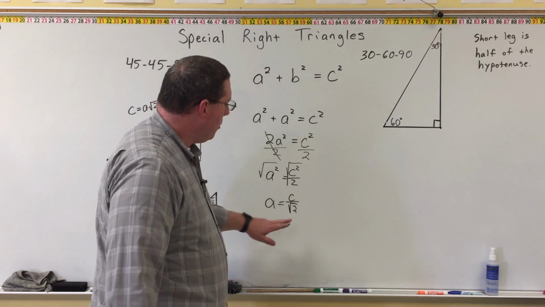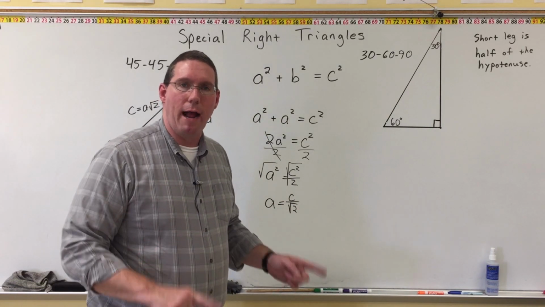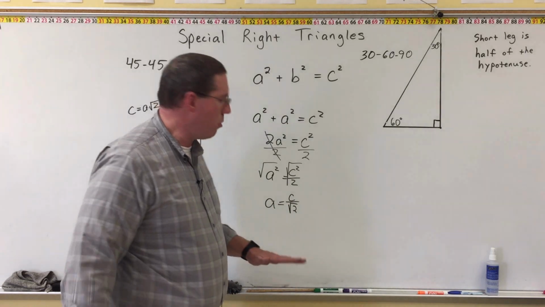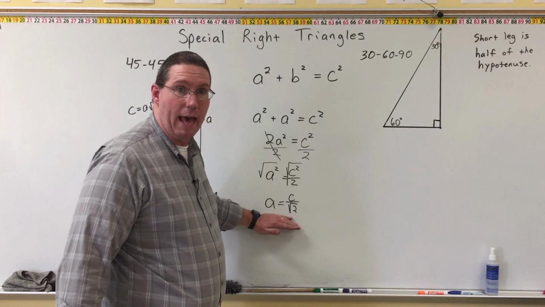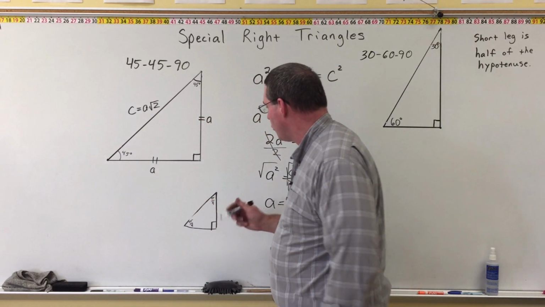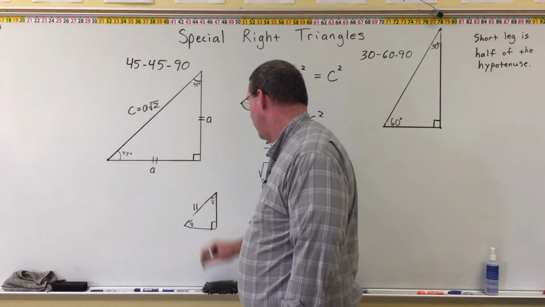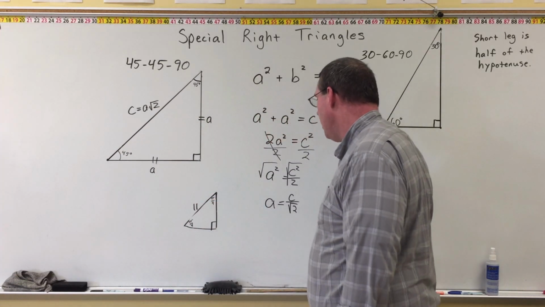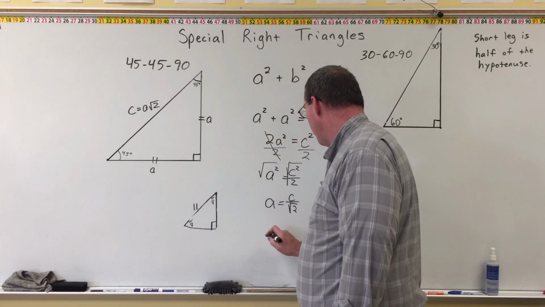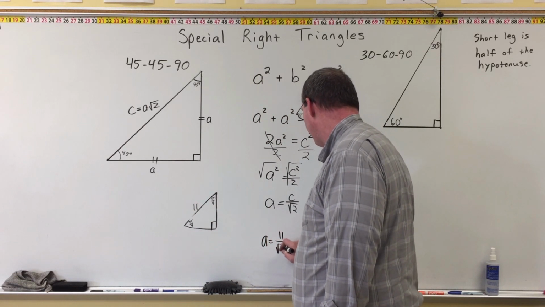Now, we do not have to rationalize this denominator right now. We would not rationalize the denominator until it was time to identify the value of a. So let's say that we have a 45, 45, 90 right triangle, and the hypotenuse is equal to 11, right? And we want to find a. So a is equal to 11 over the square root of 2.